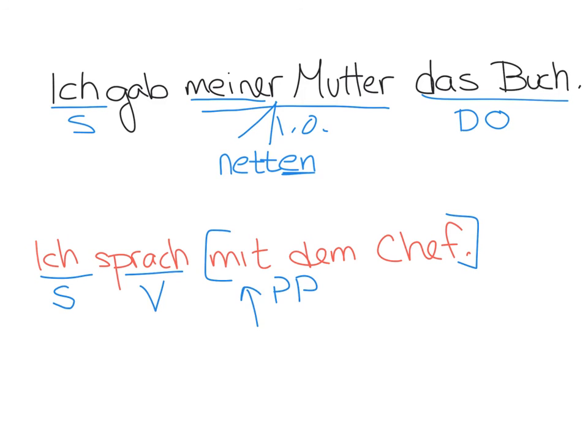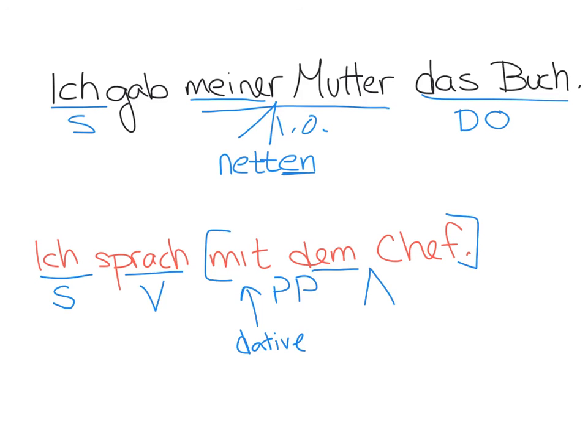Mit is a dative preposition, which is why der Chef became dem Chef. So if I wanted to add an adjective describing the boss, well, it's going to be dative because it's within this dative prepositional phrase. It comes after dem, the masculine dative definite article. So the ending that we have to have then is an en.